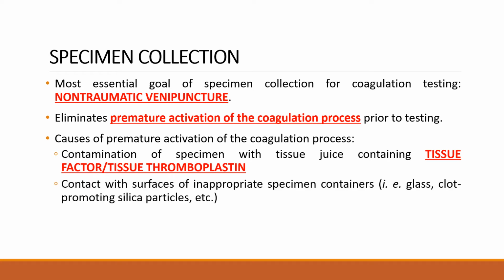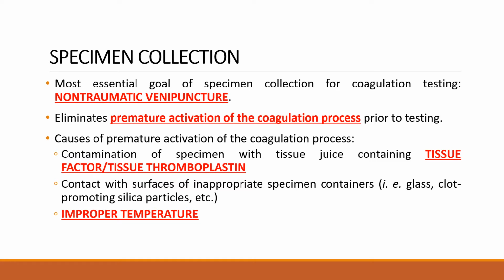Next, we have contact with surfaces of inappropriate specimen containers, like collection tubes that are made of glass or clot-promoting silica particles. That's why for specimen collection involved in coagulation testing, we are going to collect our sample using a plastic test tube.